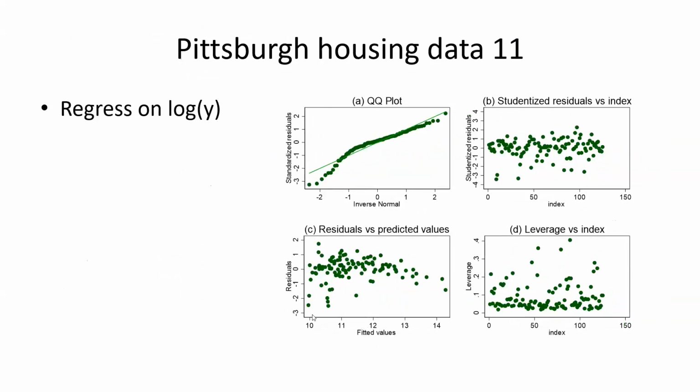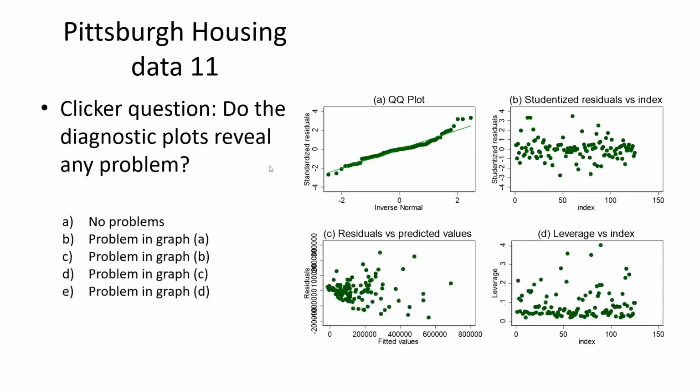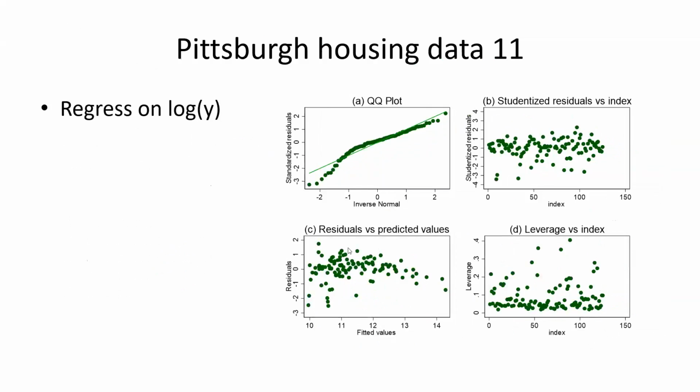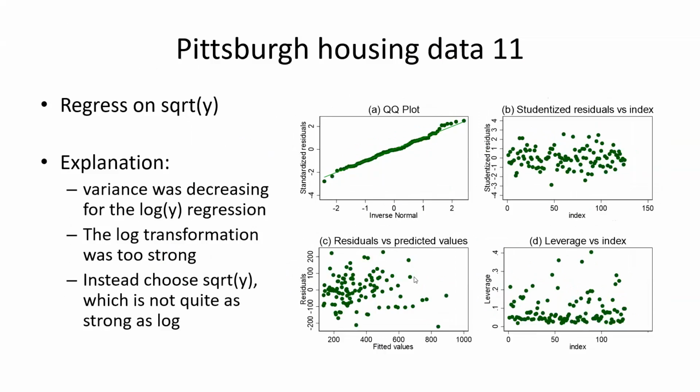What this means is that the log transform is too strong a transform for the initial problem. It was increasing, that gives away some answer, and here it's decreasing. So what we need is an intermediate transformation that stabilizes the variance, but not so much that it actually decreases. And this intermediate would be the square root.